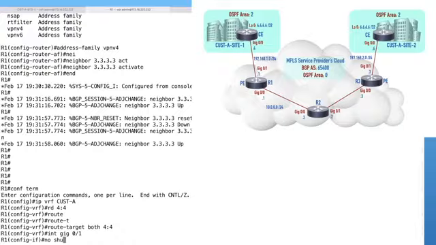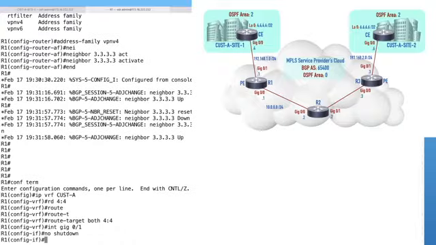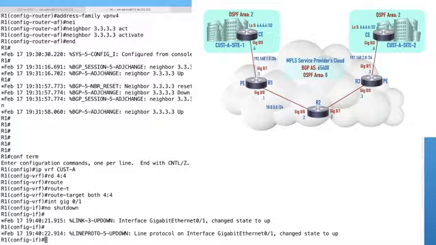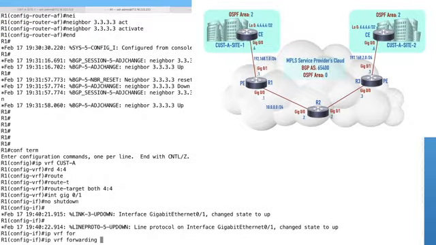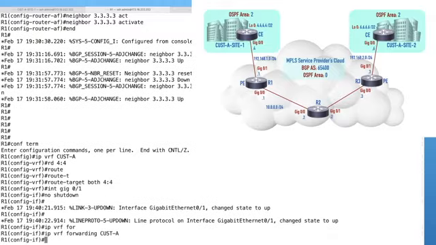Let's bring it up. No shutdown. And I want you to belong to the VRF instance that we've called customer A. I'll say ip vrf forwarding customer-A. And I want to give it an IP address.